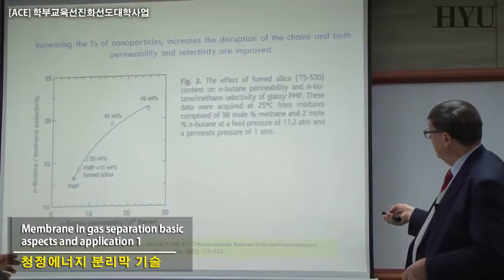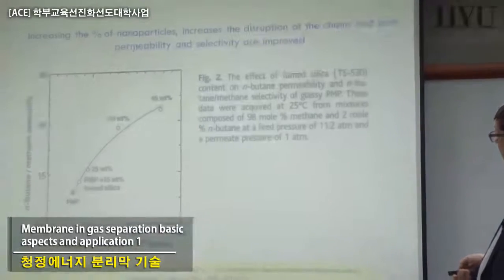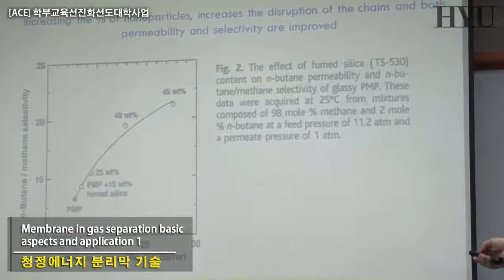That is a system that was 98% methane and 2% butane. This is a very unusual situation, and it is related to this capability to entrap these nanoparticles, creating this disruption of the chains, and permeability and selectivity in both cases, both of them can change in an interesting way.